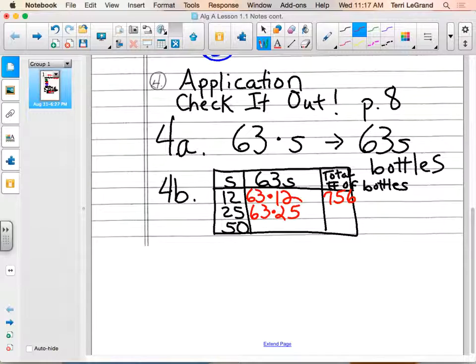How many bottles is it going to take to make 25 sweaters? Noah? 1,575. Okay, 1,575 of those plastic bottles will be needed for 25 sweaters. And our last substitution step, 63 times 50. Well, 50 is twice 25, so I should just be able to double 1,575, shouldn't I?